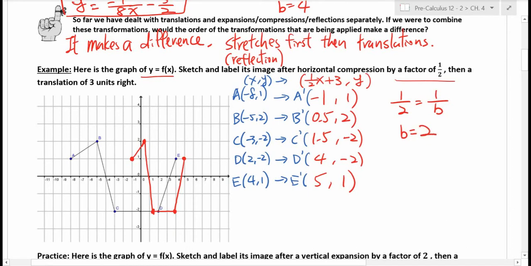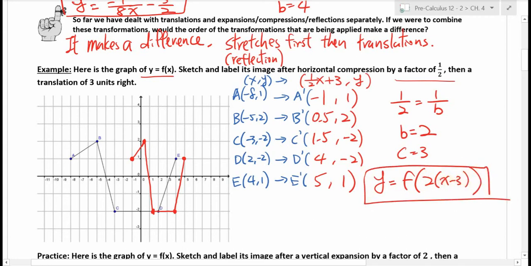And then it says translation of 3 units right, therefore c has to equal 3. It's going to be x minus 3. Therefore, we can then write the new equation. It's going to be f of 2 bracket x minus 3.